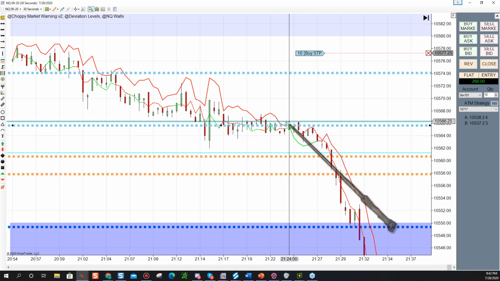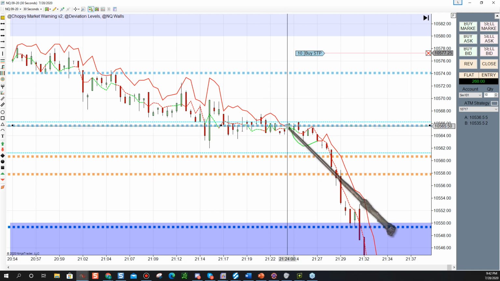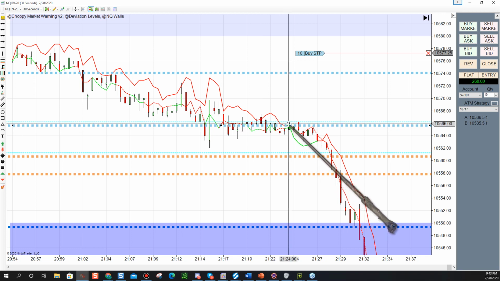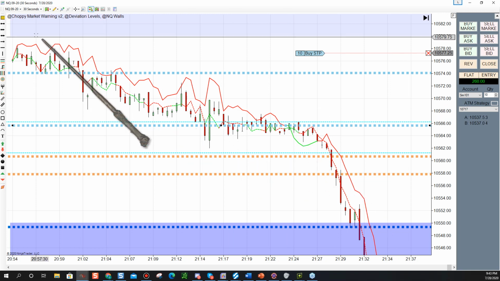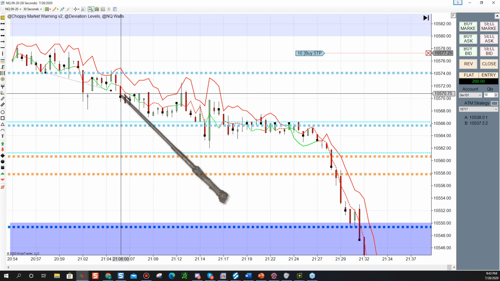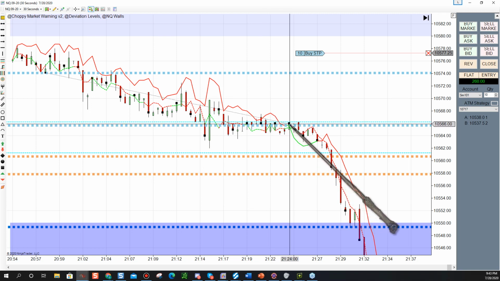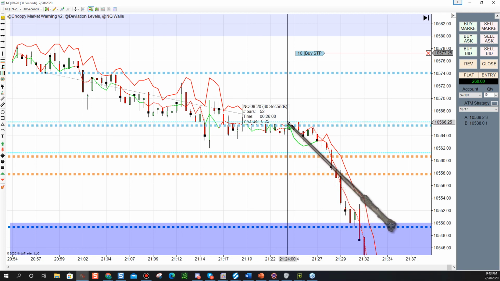So right there, did that bar close above the level? 4 points. So would I exit that trade right there? So if we measured that trade, we got out when it closed above it, right there.